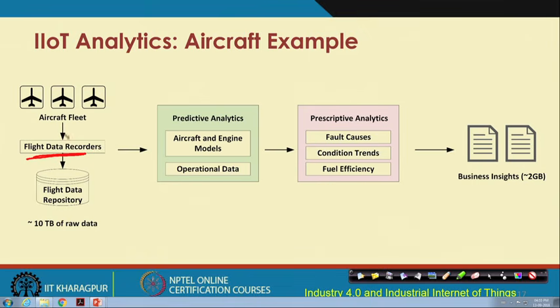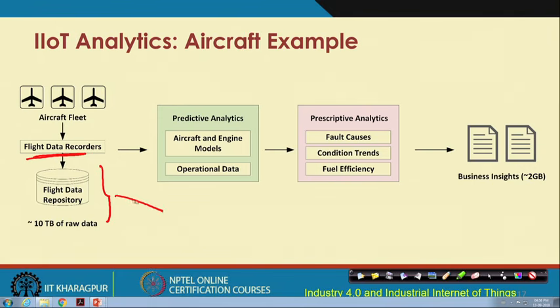These data could be sensor data, and different other data, all stored in these flight data recorders. For every flight, terabytes of raw data are produced, right, terabytes. So, huge volumes of data are stored.